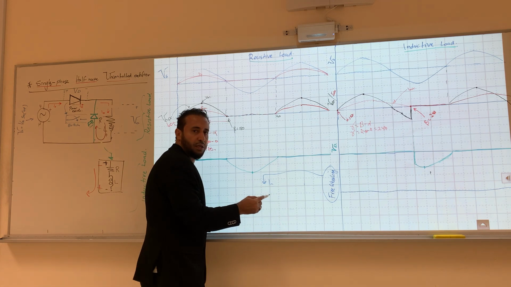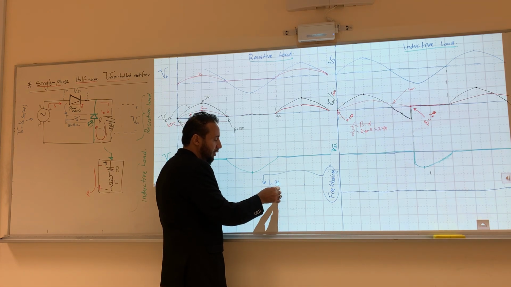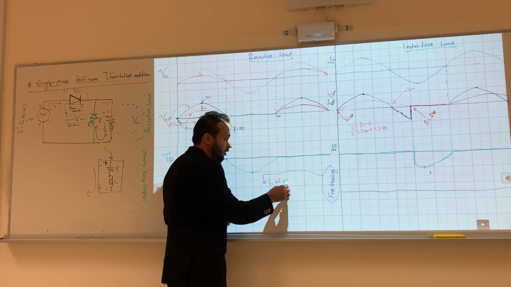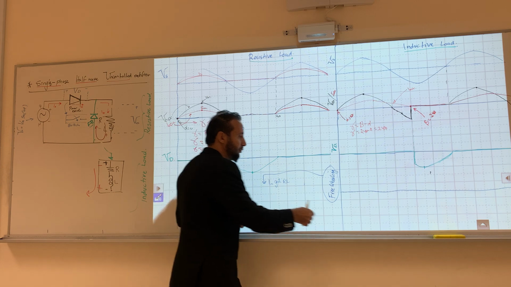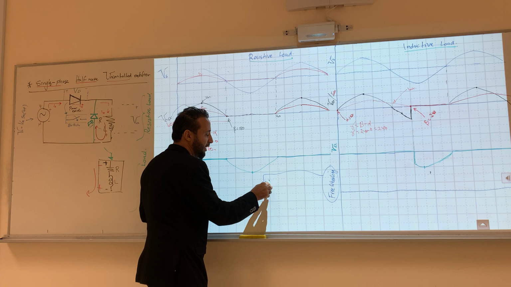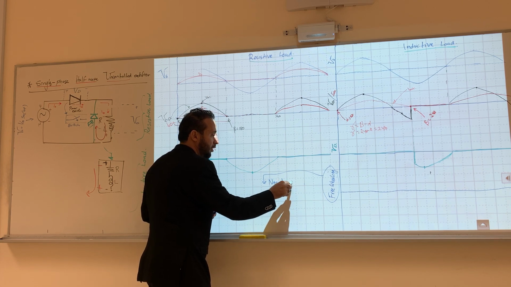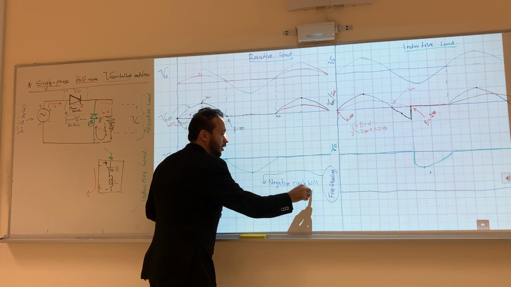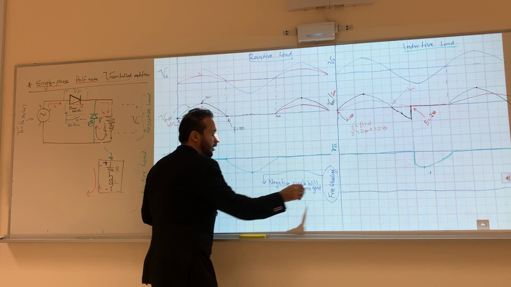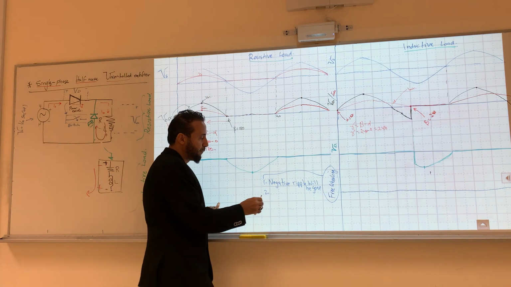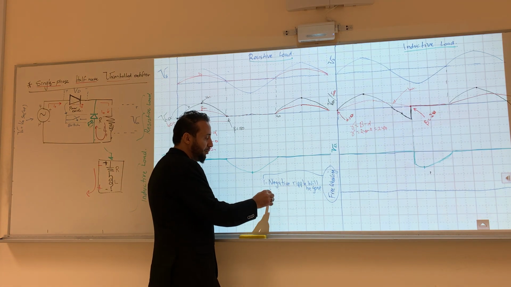The good thing about this freewheeling: one, it gets rid of ripple. The negative ripple will be removed, will be gone. Two, current will be continuous.